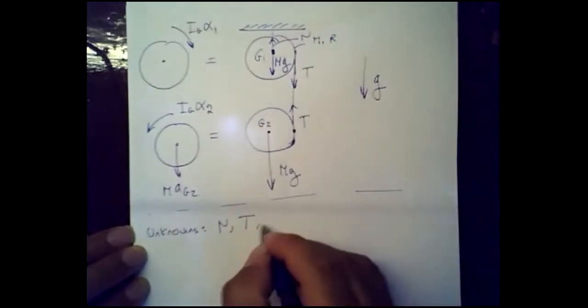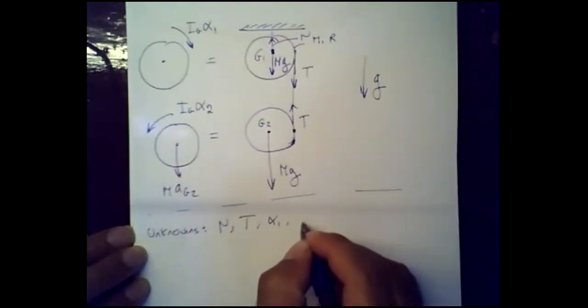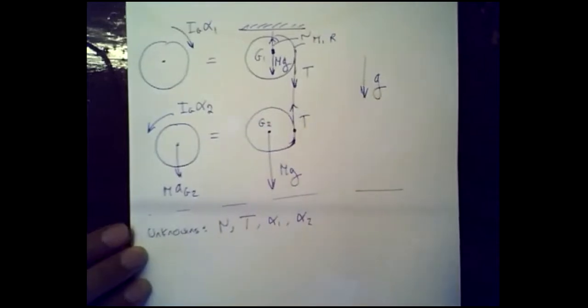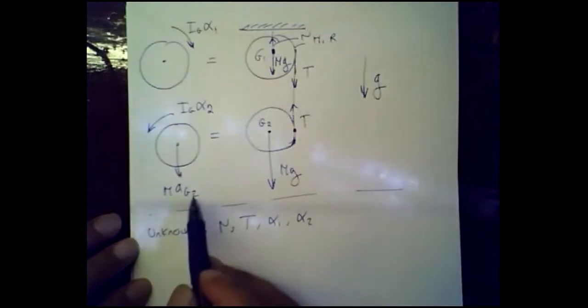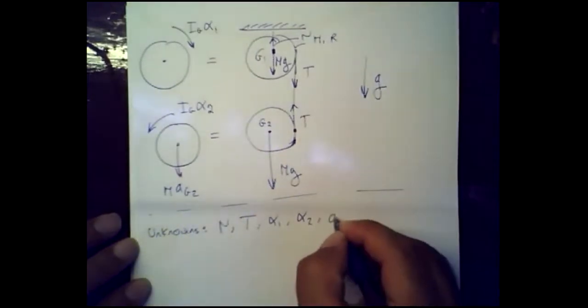What else? I have alpha 1. And then I have alpha 2. 4, right? Am I missing anything else? I'm missing aG2. Exactly, aG2. So how many unknowns do I have? 1, 2, 3, 4. I have 5 unknowns.